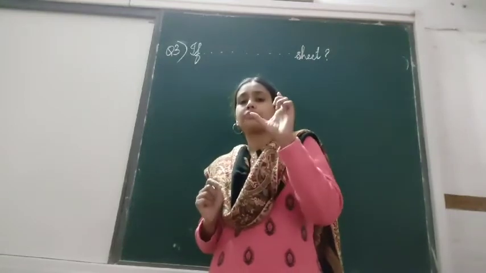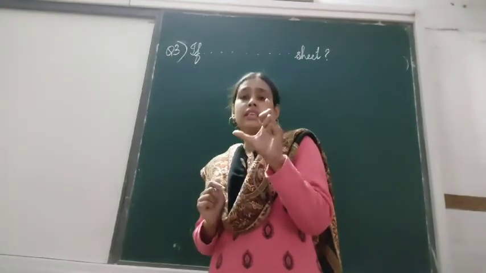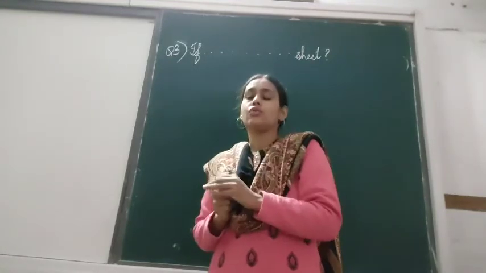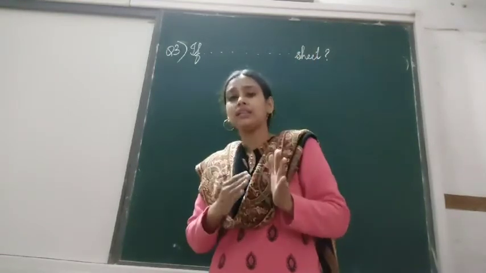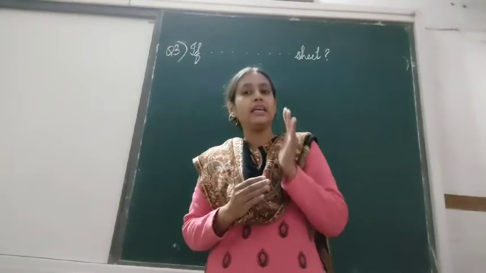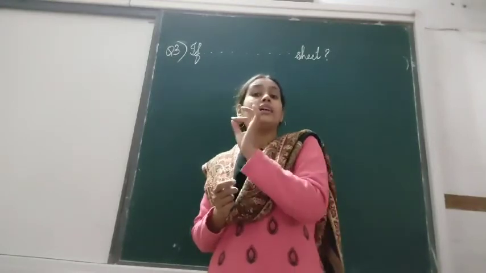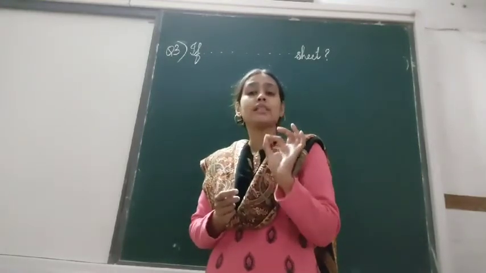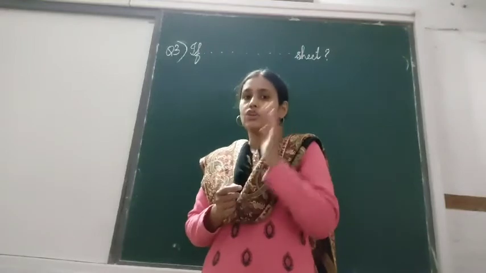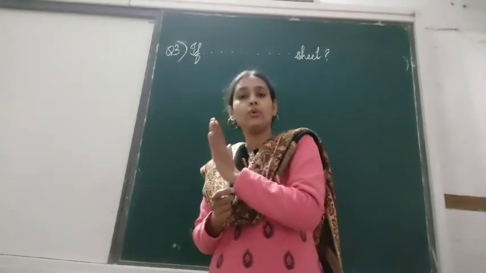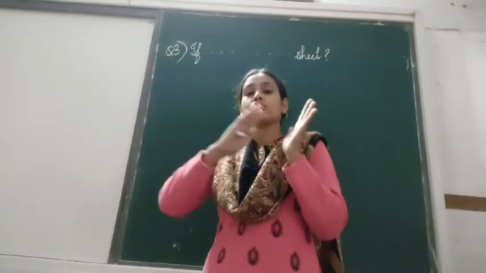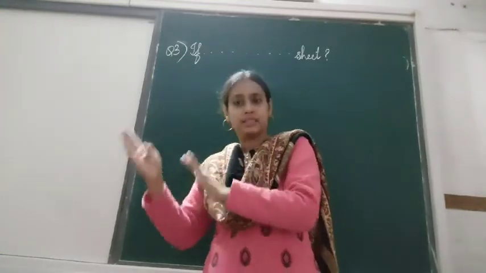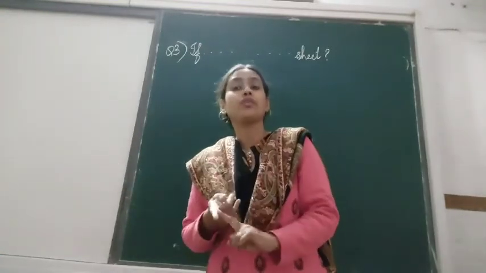That value is given by pi. So the ratio of circumference and diameter, C by D, is equal to pi, that is 22 by 7 or 3.14. So C is equal to pi D, when D shifts this side.